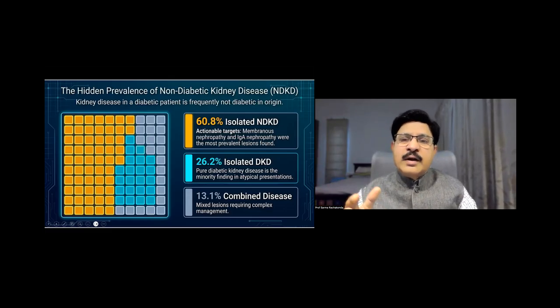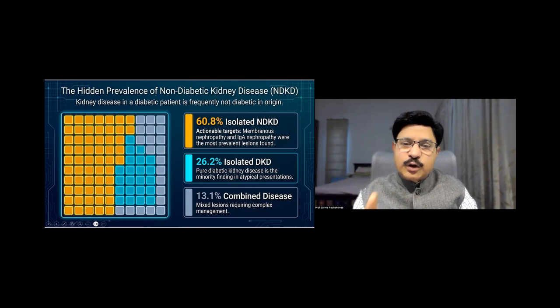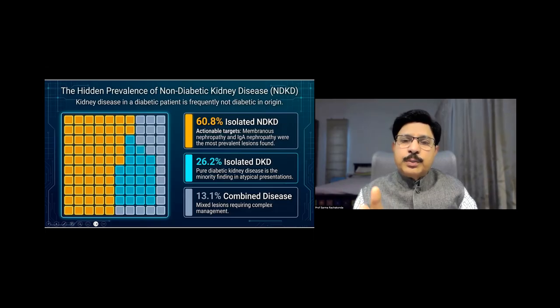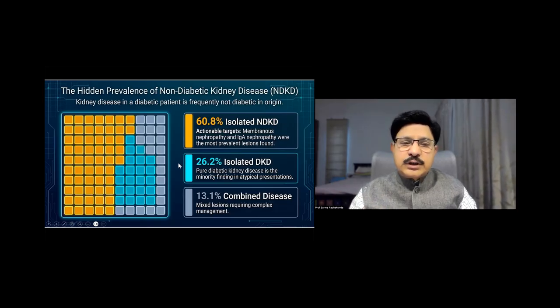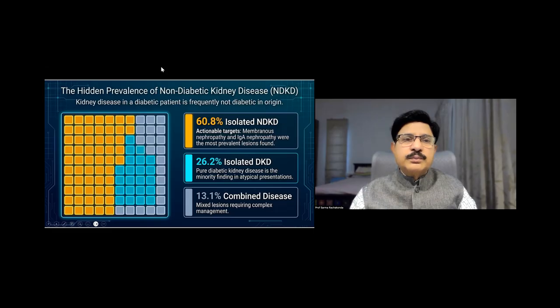Not like that. There are non-diabetic causes also operating, just like in a non-diabetic individual, in the diabetic individual also. What are they? Membranous nephropathy, IgA nephropathy. Most prevalent lesions are found. 60% of the kidney disease in a diabetic patient is due to non-diabetic causes.